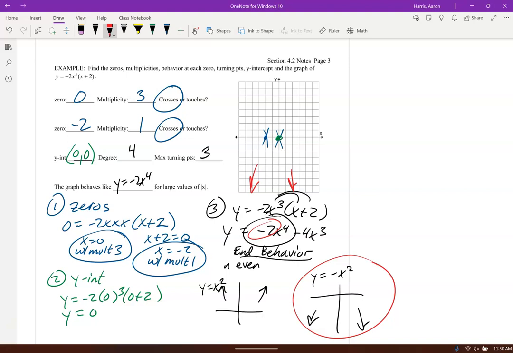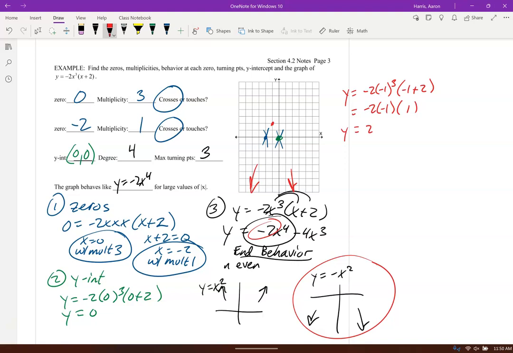And then again, the idea is we plot a few points and see. Let's throw in negative 1, which is between 0 and negative 2. Let's see where that's at. Two. So negative 1, 2.